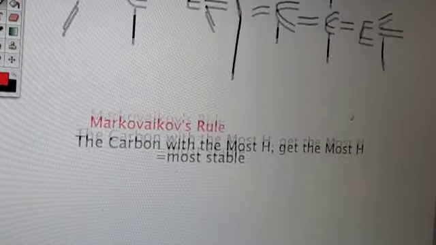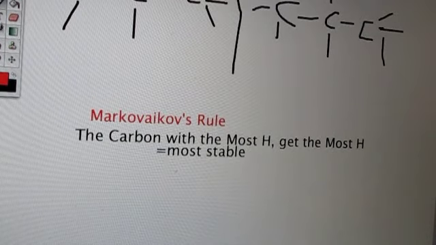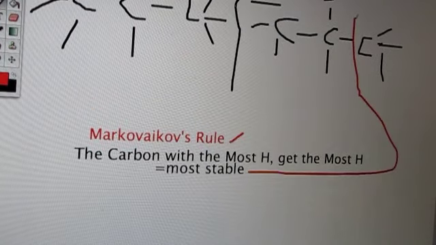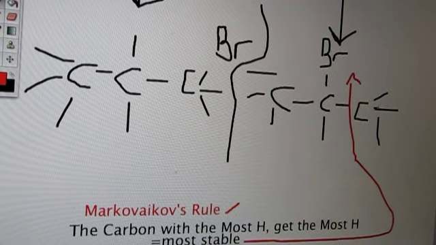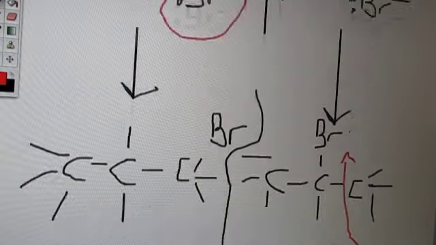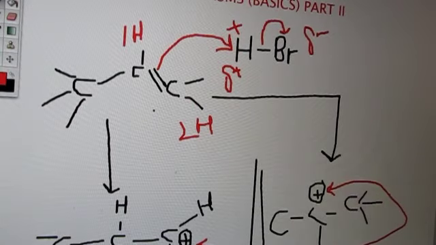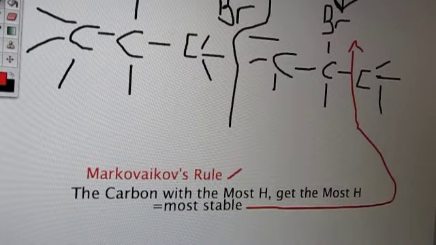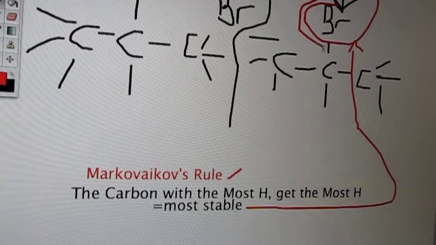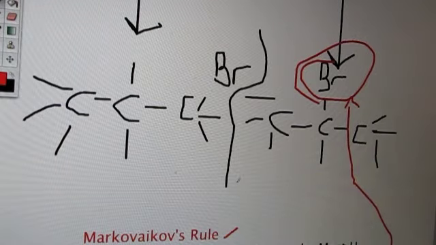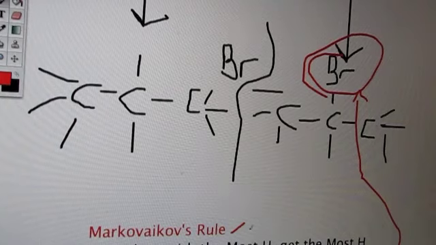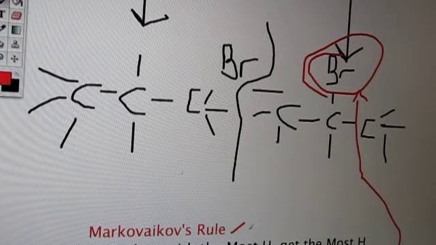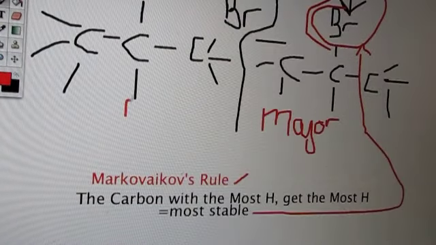So according to this rule, the most stable product is this one here. The most hydrogens on the carbon that had the most hydrogens, and the bromine is here, making the most stable possible product.